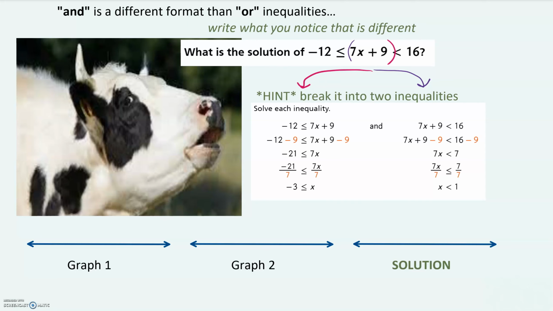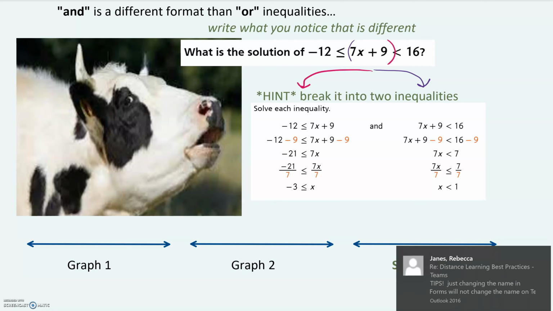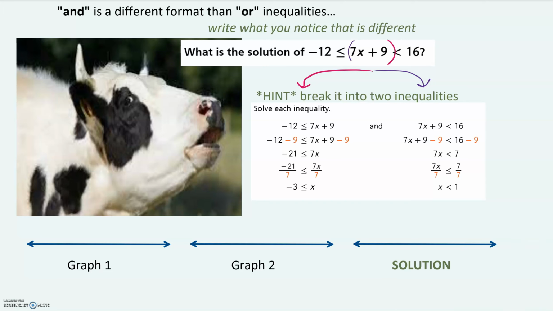Now that we have the two solutions for what the x values can be, we need to remember to actually graph them. So this first one says that negative 3 is less than or equal to x. And again, we need to remember that x is greater than or equal to negative 3 because we can write that or read that from right to left.